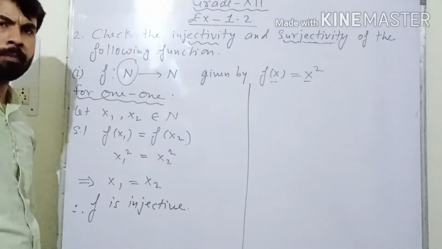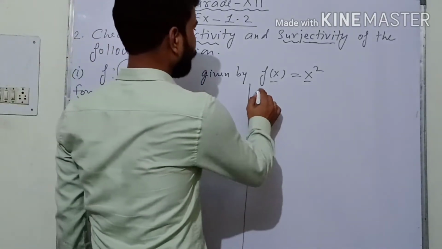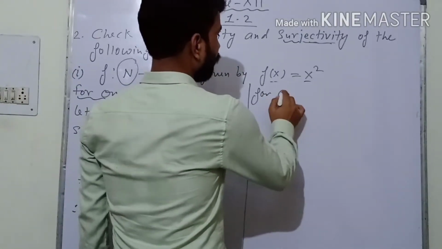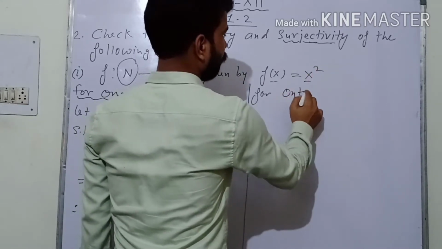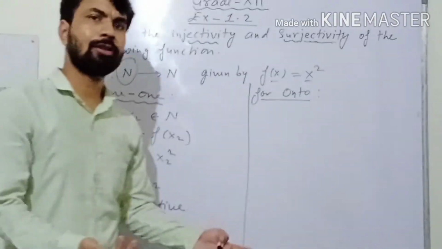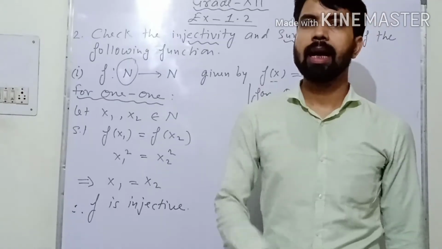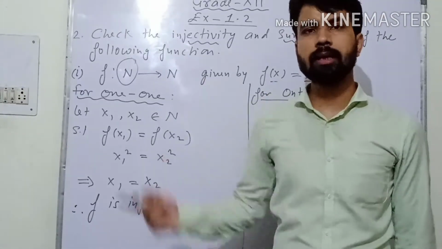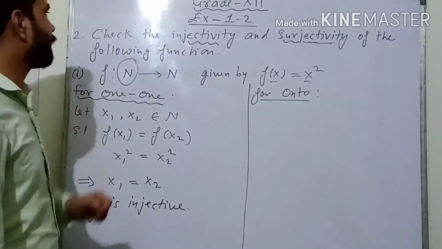Half of the part is solved. Now we have to check the surjectivity. For checking surjectivity, we have to find whether this function is onto or not. For an onto function, you should know that every element of its codomain has its pre-image in its domain. See here, f(x) equal to x square.